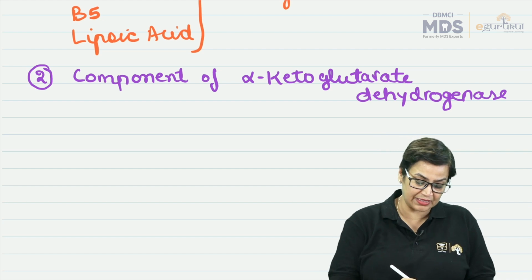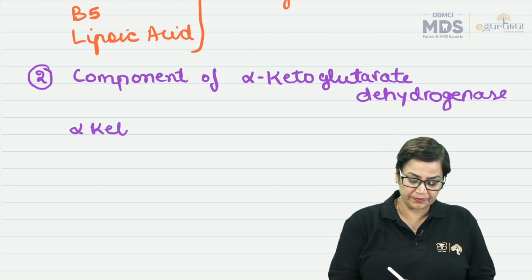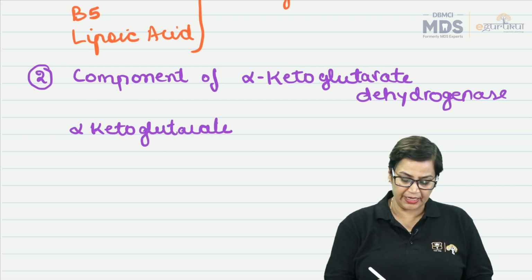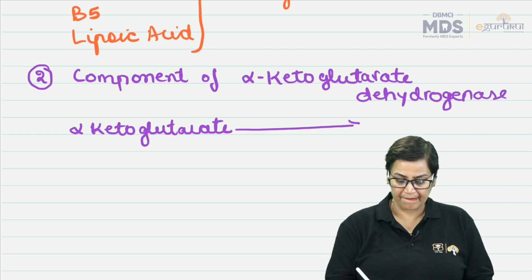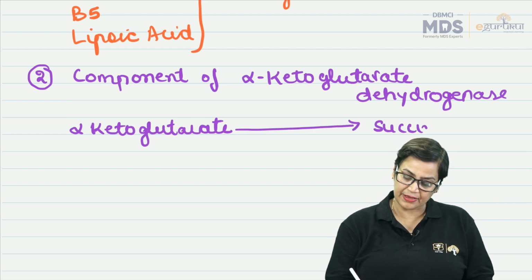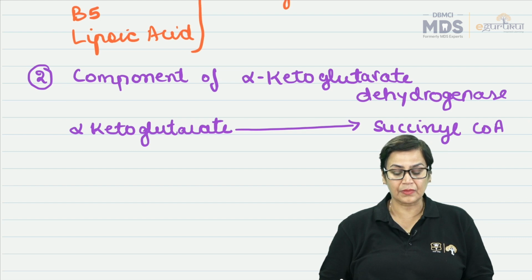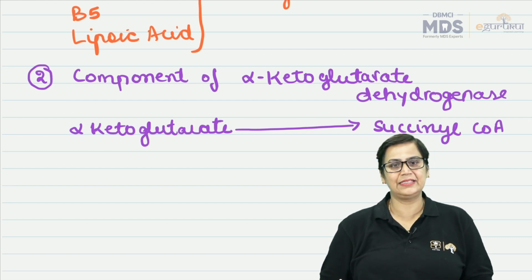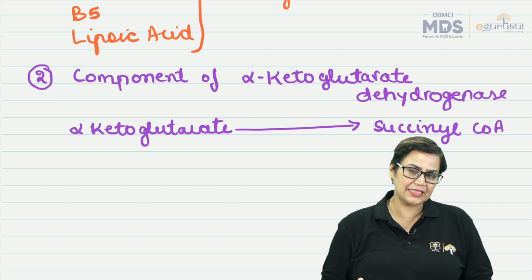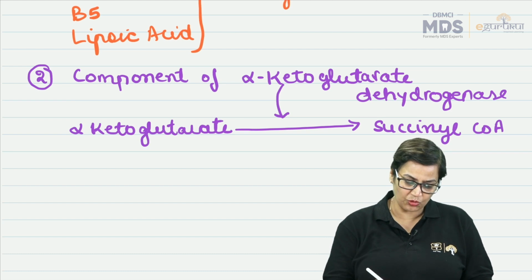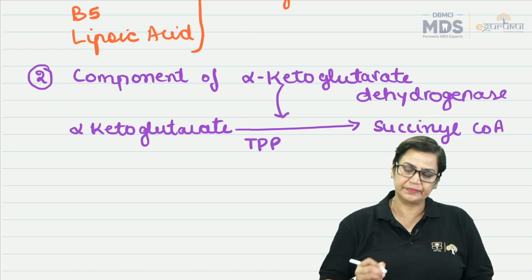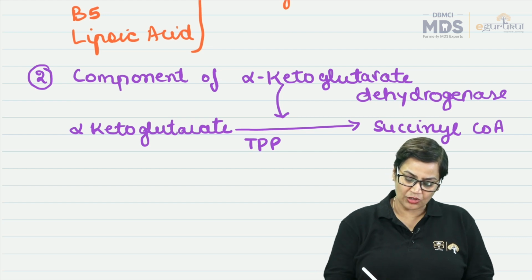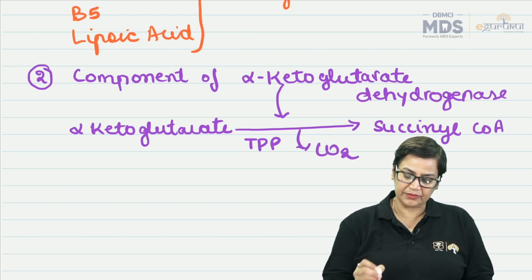This enzyme converts alpha ketoglutarate to succinyl coenzyme A. This is also an enzyme of, again, a multi-enzyme complex. And if we look at the composition, the most important one is this TPP. And here also carbon dioxide is given out.